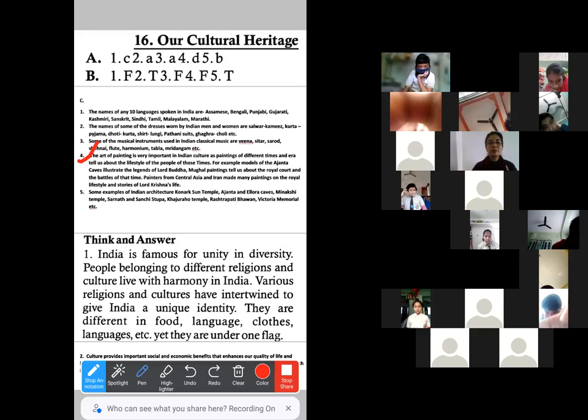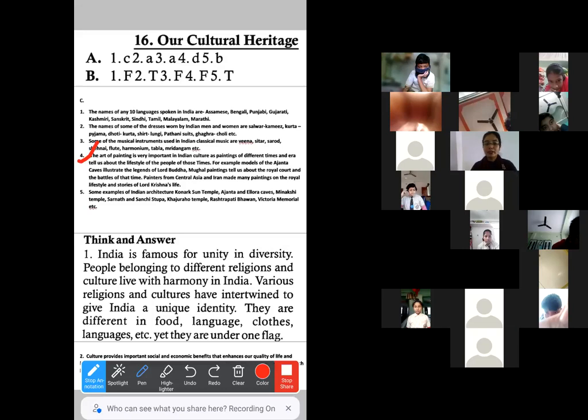The art of painting is very important in Indian culture, as paintings of different times and eras tell us about the lifestyle of the people of those times. For example, here the T of time will be in small letter. Okay, there is a typing mistake. For example, murals of Ajanta caves illustrate the legends of Lord Buddha.